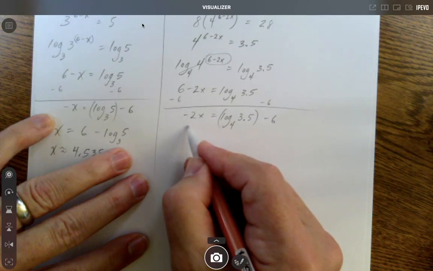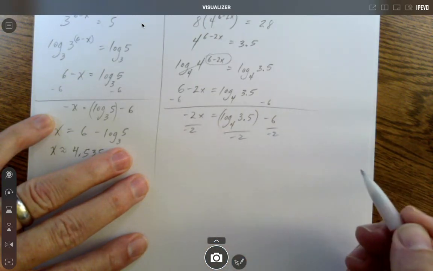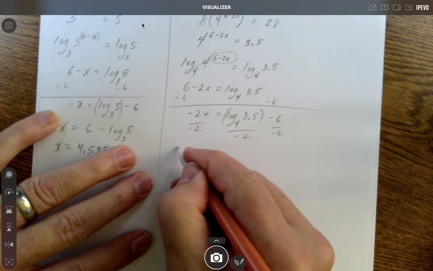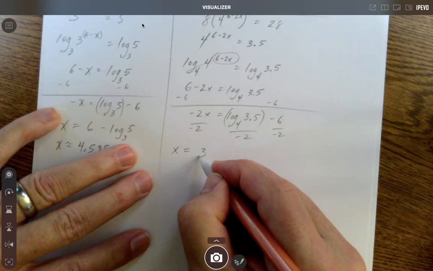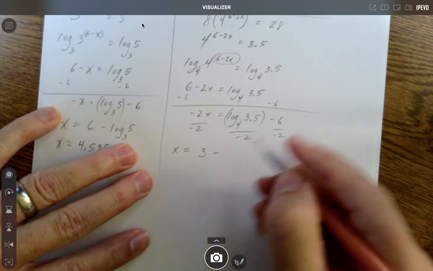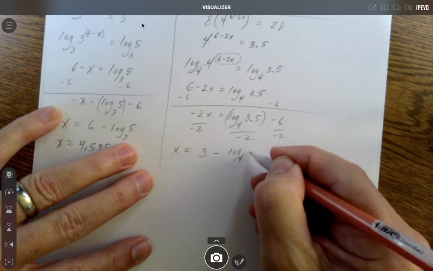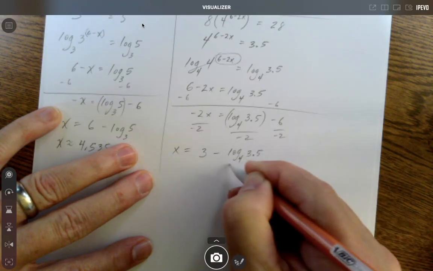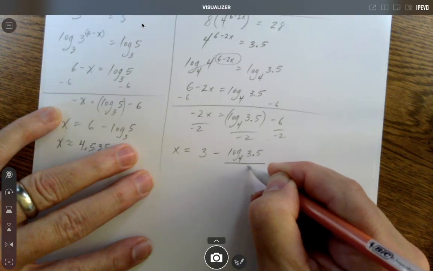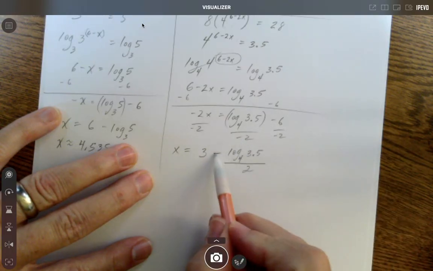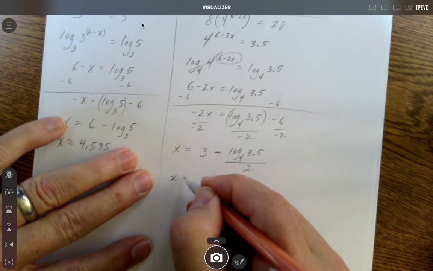So this is x equals 3 minus log base 4 of 3.5 over 2. The negative is right there. All right, so what is this approximately?